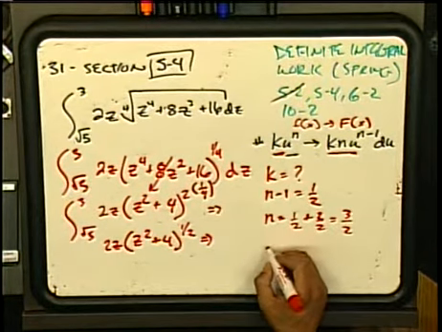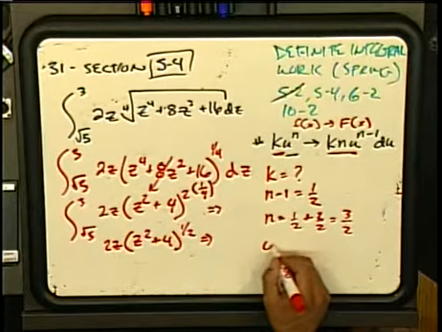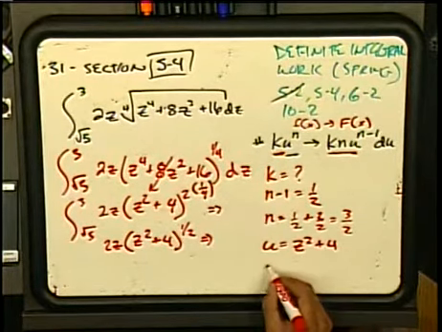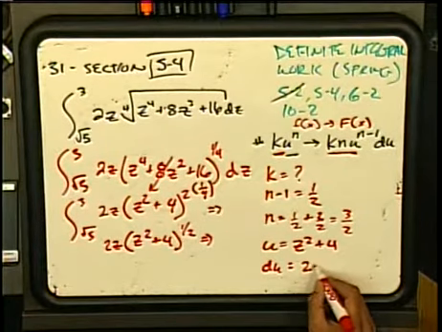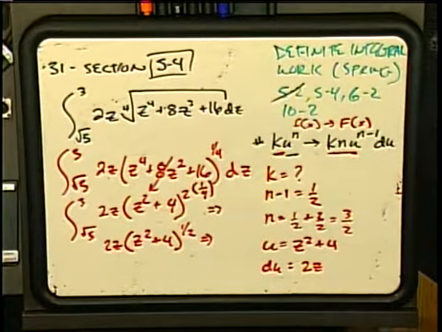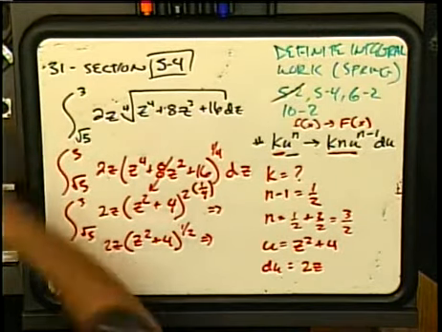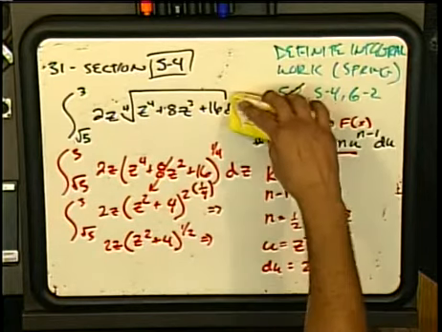I think u equals z squared plus 4, du equals 2z. That's it.